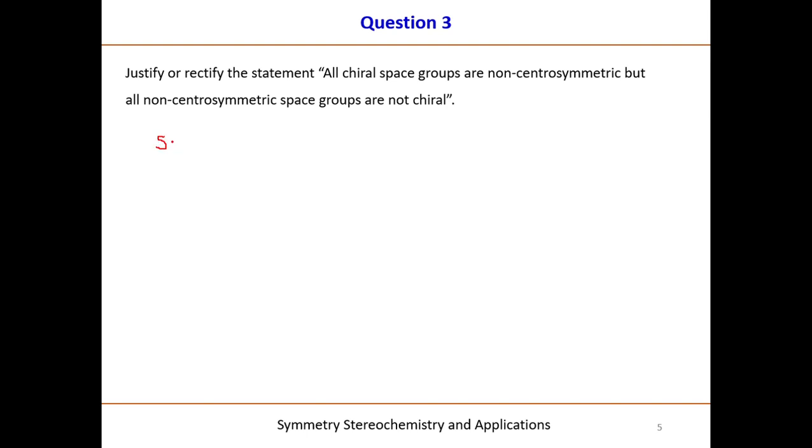There are two types of space groups. A total of 240 space groups are present in lattice chemistry. So here I am talking about the space groups.